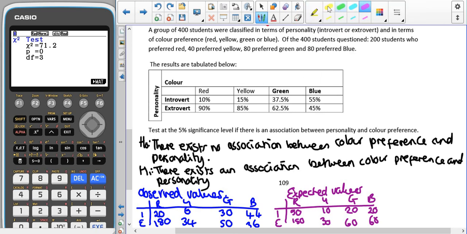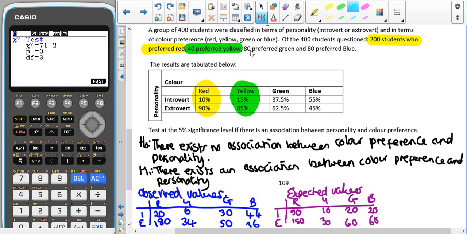And again, we have to make our observed values table, so we can see from the information at the top that we had 200 students who preferred red, so that means that these values here add up to 200, so 0.1 times 200 gives us 20, 0.9 times 200 gives us 180. Then we have yellow is 40 people, so we have 0.15 times 40, which gives us 6, and then 0.85 times 40, which gives us 34.